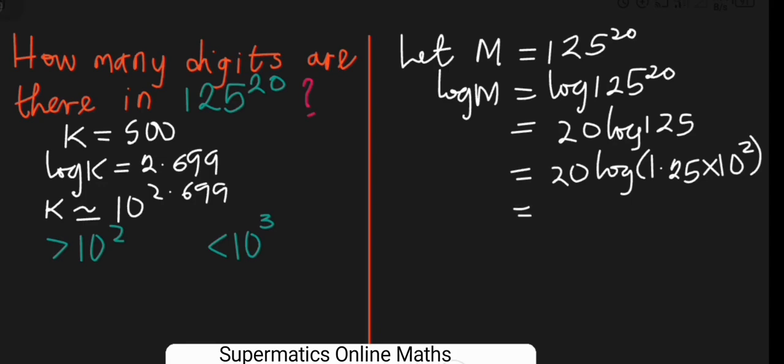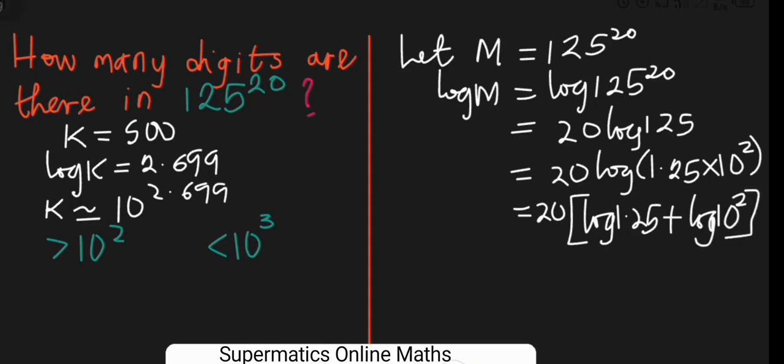This further can be written as 20 times the logarithm of 1.25 plus the logarithm of 10 to the power of 2. The logarithm of 10 to the power of 2 is 2.